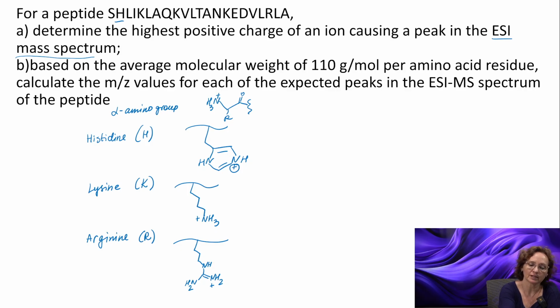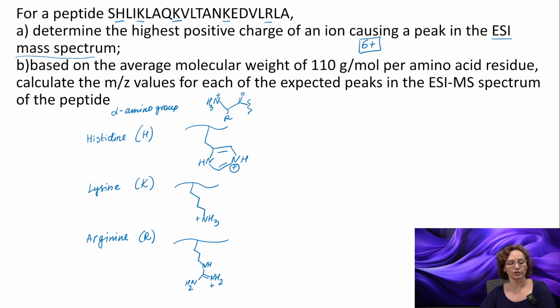So we have one histidine here, one lysine here, two, another lysine, three, third lysine, four, and we have arginine, 5, right? 1, 2, 3, 4, 5, plus alpha amino group. So we expect the highest positive charge to be 6 plus.